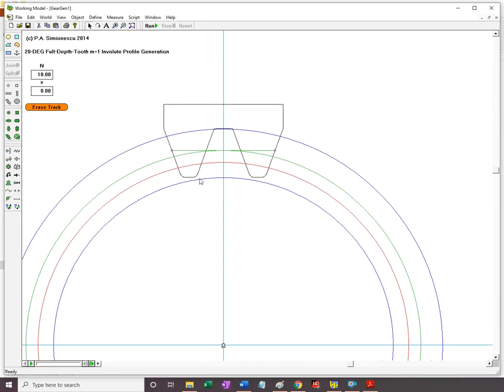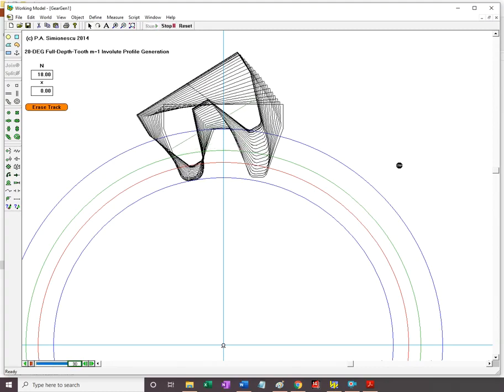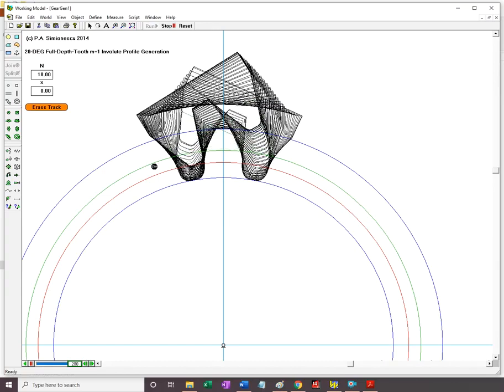During the generation process, this reference line of the rack rolls without slip on the pitch circle of the future gear. So if I hit run, and of course you can assume an extension to it, that rolling without slip becomes apparent.